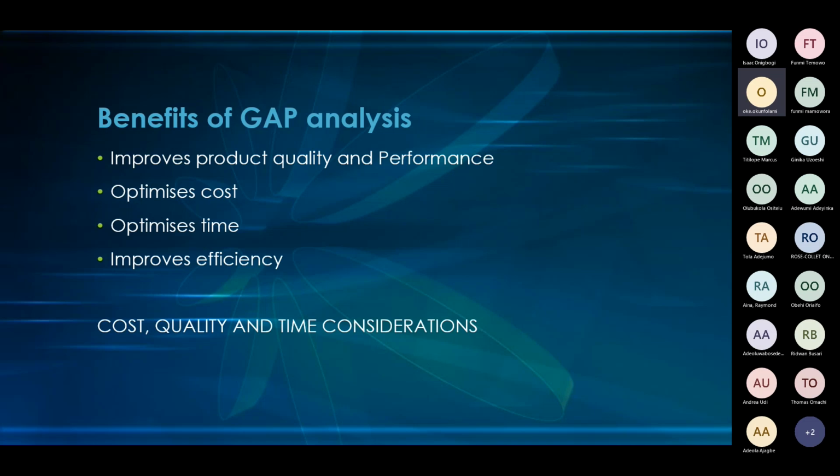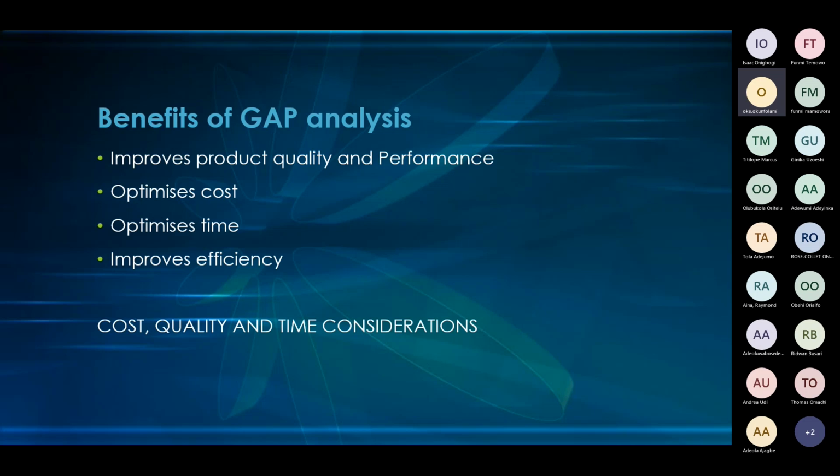So I put a note at the bottom, the considerations of cost, quality, and time. When you're talking about a project, there's an interplay of these three things. And sometimes you have to negotiate. If you want to drive costs down, you might have to sacrifice quality a bit. Or if you want something of high quality, it might cost you, or it might take you so much time.